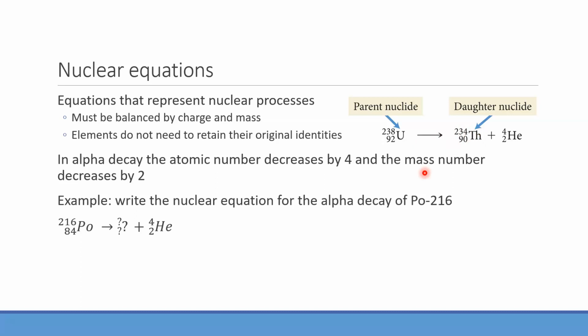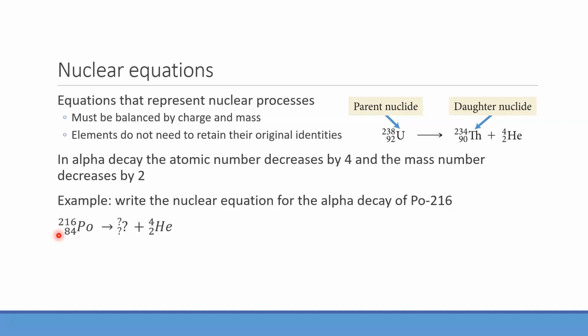So let's write the nuclear equation for the alpha decay of polonium-216. We know that 216, this number here, is always the mass number. So you'll have your atom name or chemical symbol first, and then a little hyphen, and then you'll have the mass number. So you write this as polonium-216, and then you get this number here off the periodic table.